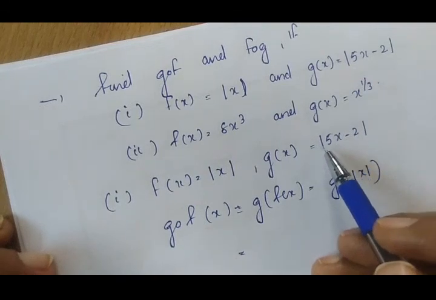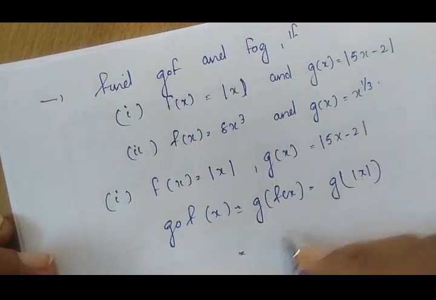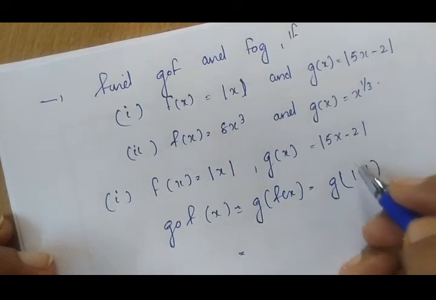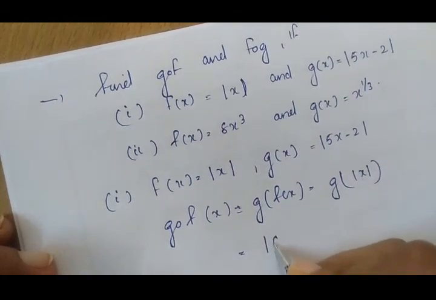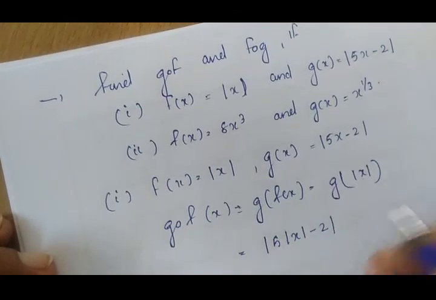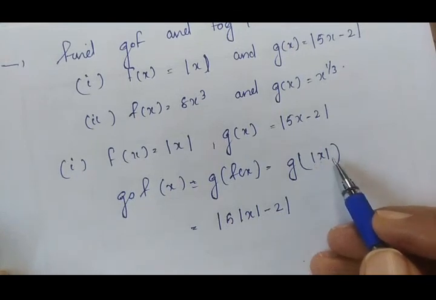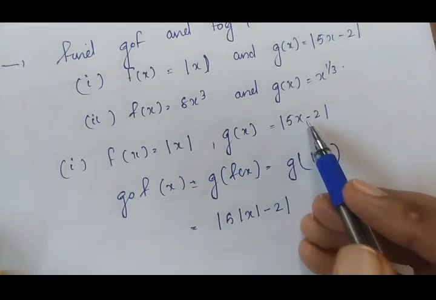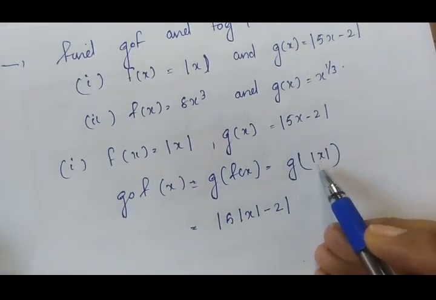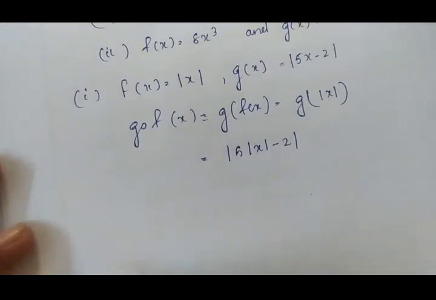Here the x value is mod x, so we have to substitute this mod value in g of x, which is 5x minus 2. So 5 mod x minus 2.